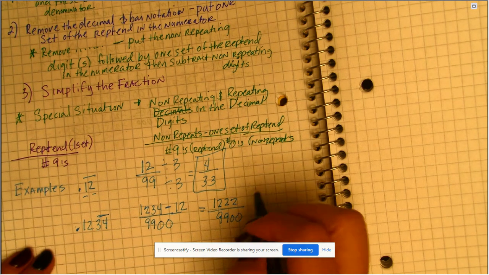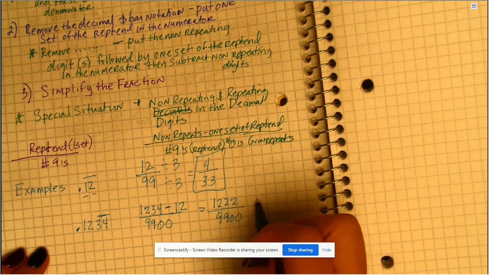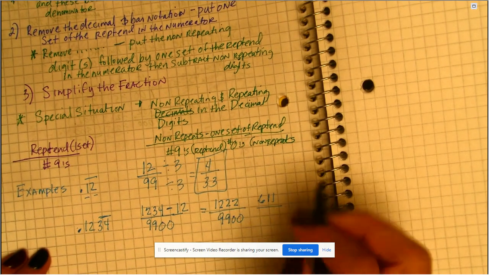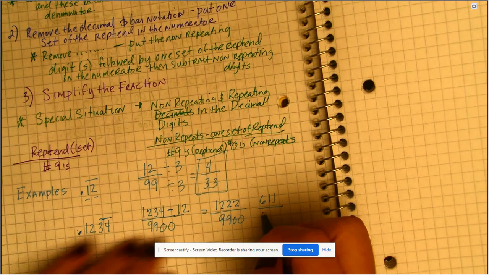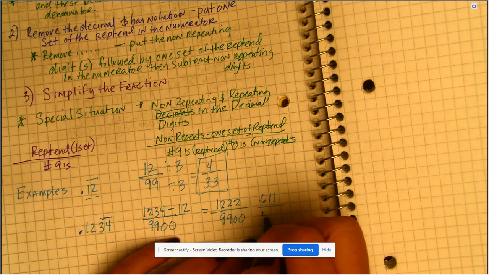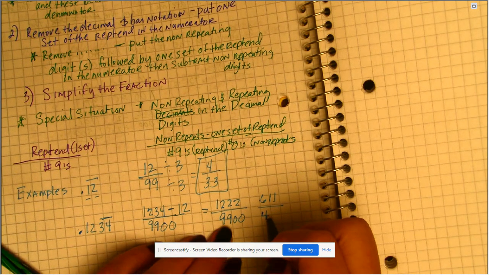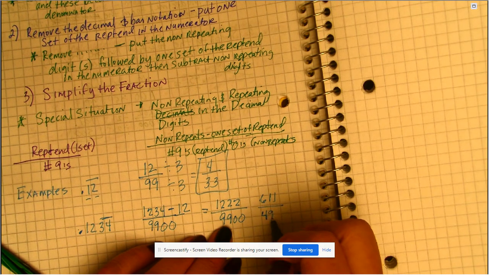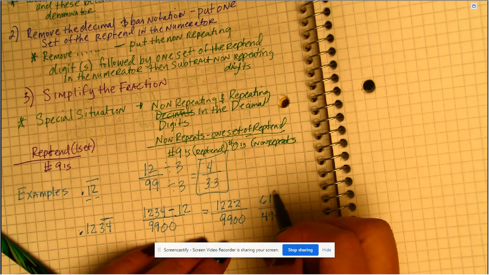And they have a common factor of 2, so that would be 611 over, see, 2 would go into 4, and 2 would go into 19, 9 times, and I split the zeros, so 490.